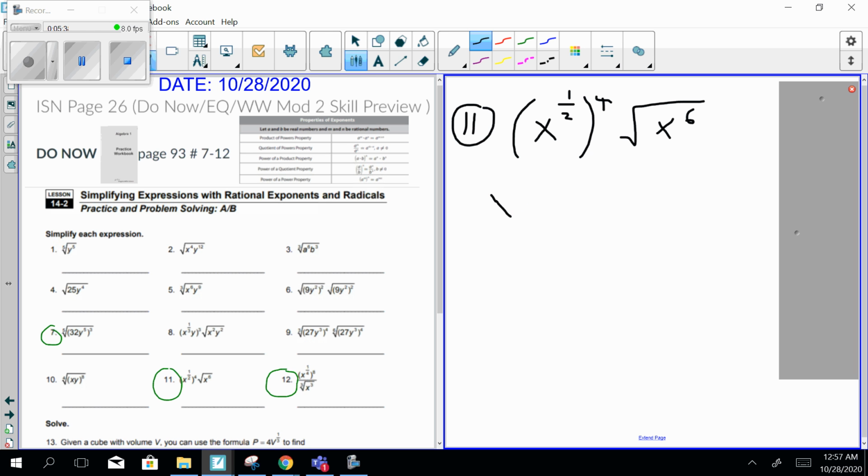So in that case, that's going to be x to the 1/2 times 4. And I'm going to put my 4 over 1. And then on the radical side here, I know that 6 is an even exponent under the radical, so I can cut that in half to free your variable.